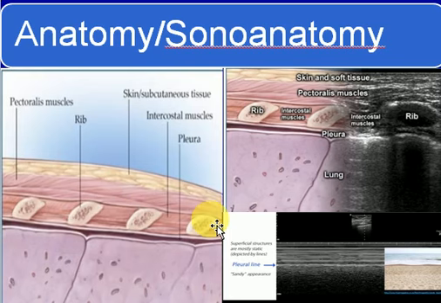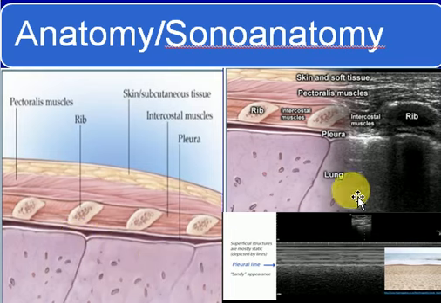Here we will discuss the anatomy and pseudoanatomy of the lung. Here you see the skin and soft tissue, the pectoralis muscle, the intercostal muscle, the rib, and below the rib, between the pleura and the lung.